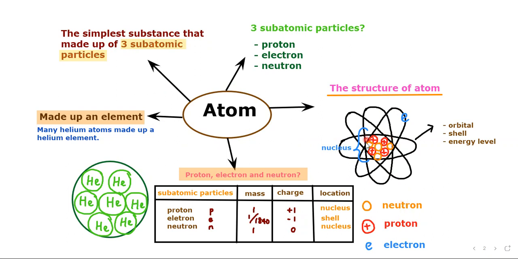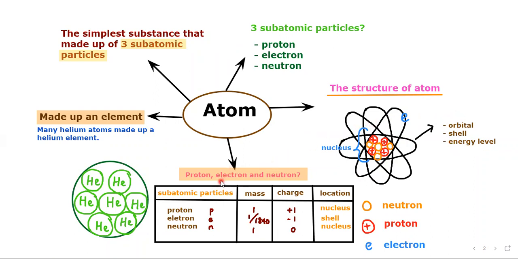And the center of the atom always remains positively charged. While this blue color, we call it electrons. These electrons tend to move freely around the oval-shaped place here. This oval-shaped place, we call it orbitals, shells, or energy levels.